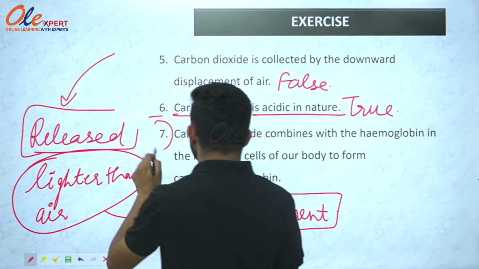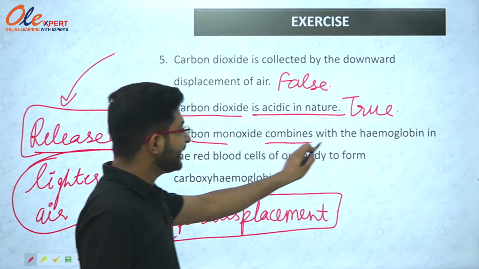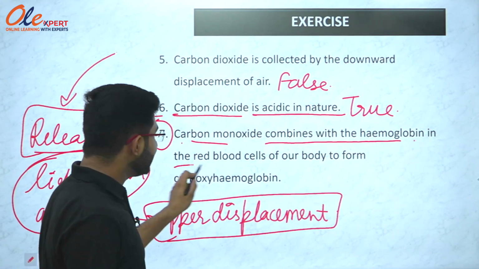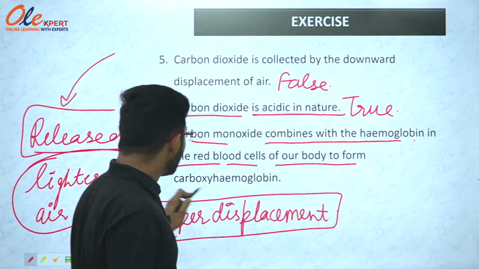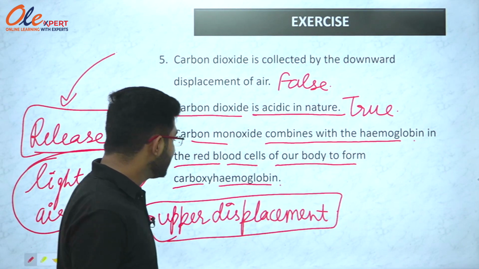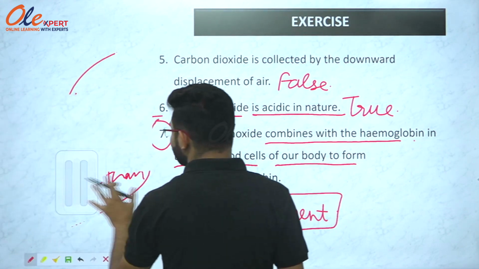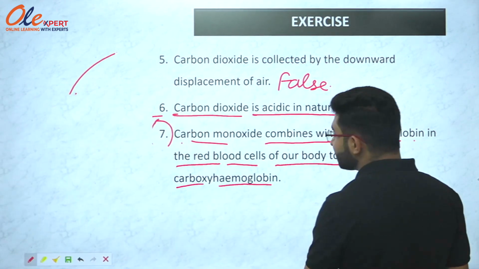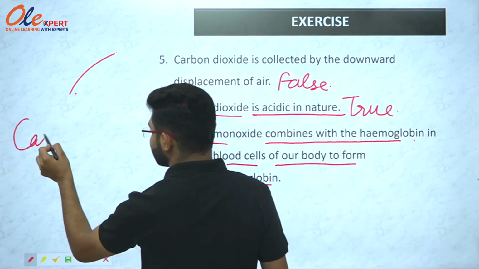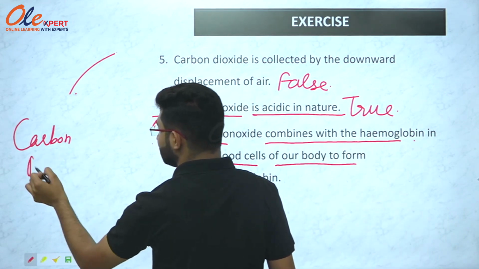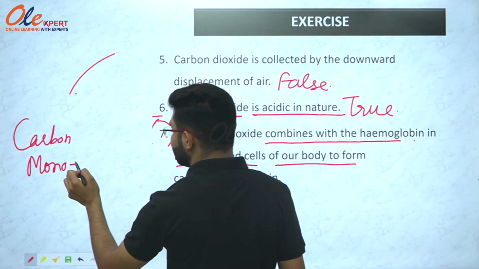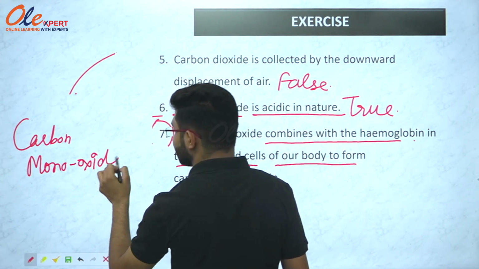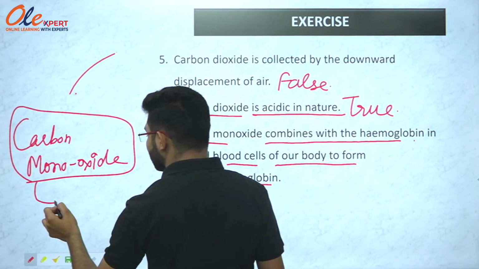Now the next statement says that carbon monoxide combines with the hemoglobin in the red blood cells of our body to form carboxyhemoglobin. Firstly, we know that carbon monoxide is a poisonous gas.